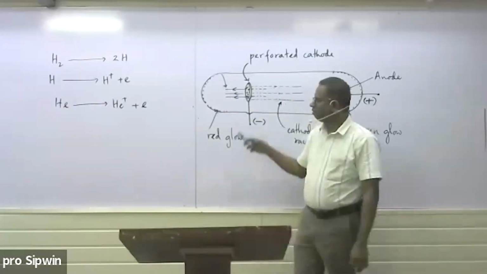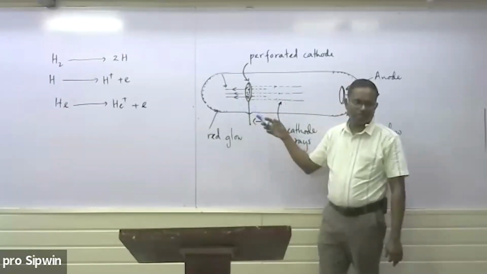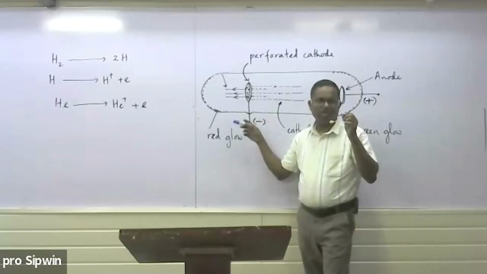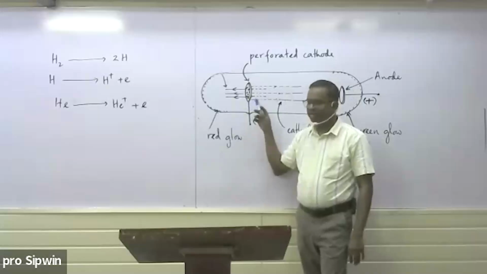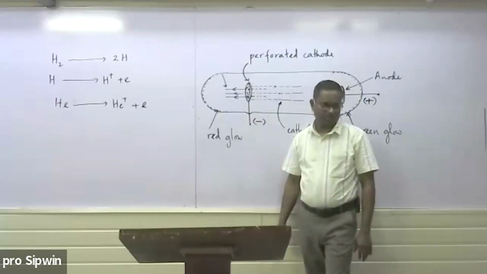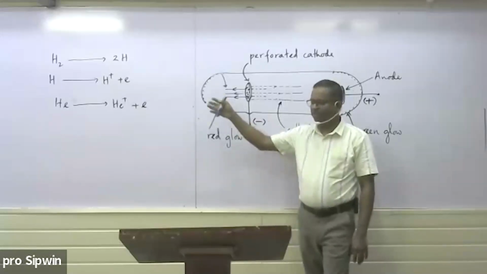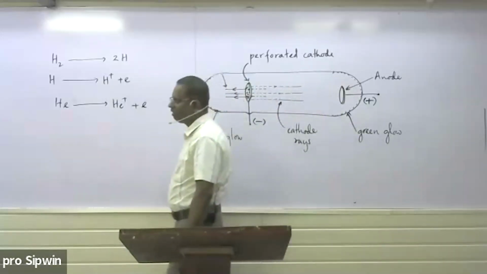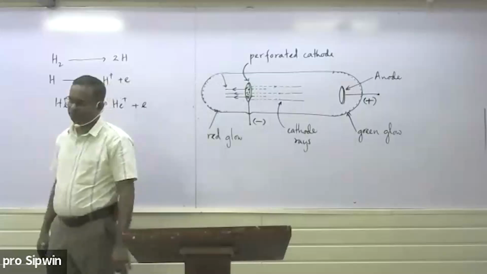That means positive ray particles are not identical. When the gas is hydrogen, H plus is the positive ray particle. When the gas is helium, helium plus is the positive ray particle. That can change.